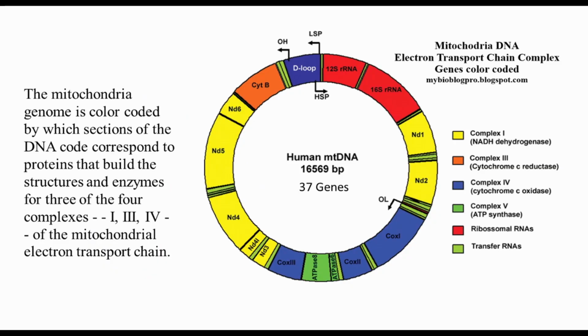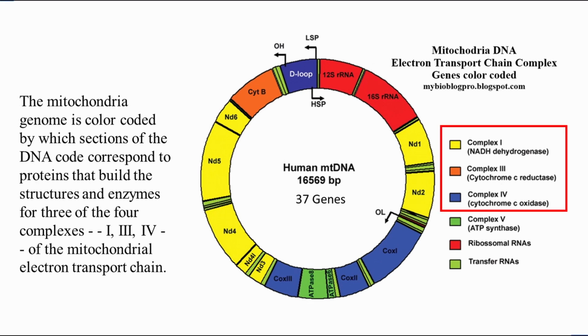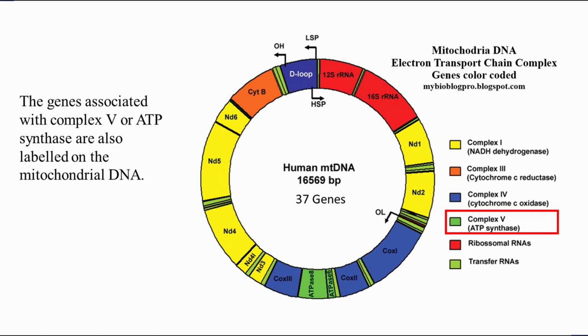The figure shows the DNA of the mitochondria. The mitochondria genome is color-coded by which sections of the DNA code correspond to proteins that build the structures and enzymes for 3 of the 4 complexes, 1, 3, 4, of the mitochondrial electron transport chain. The genes associated with complex 5 or ATP synthase are also labeled on the mitochondrial DNA.